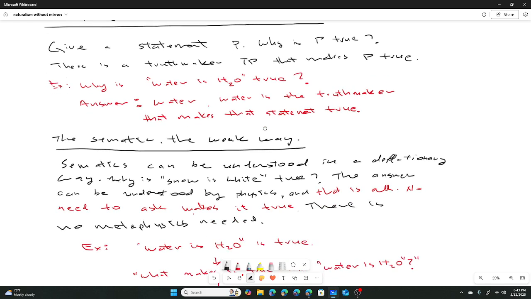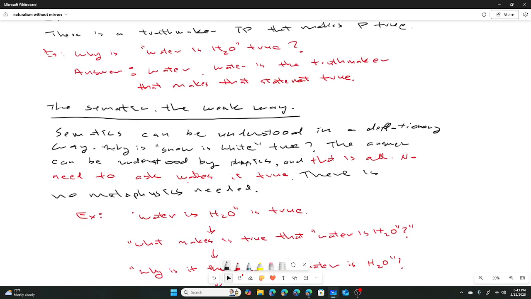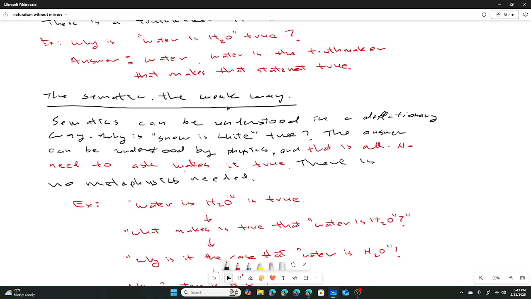So the author is really an advocate of this weak way of doing semantics, where we don't try to make that jump from a statement being true, to why the statement is true, to postulating a truth maker that makes the proposition or the statement true.